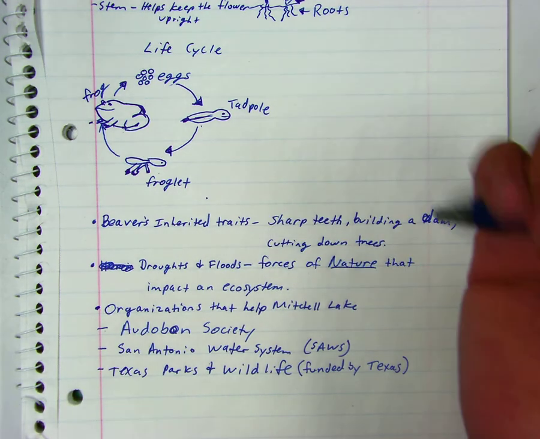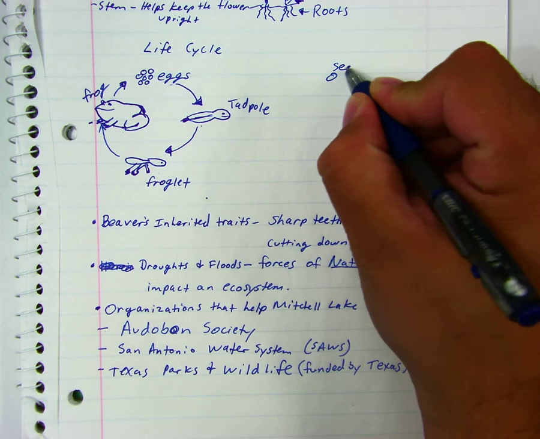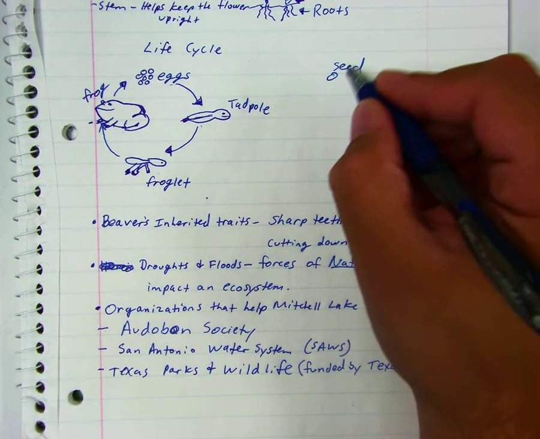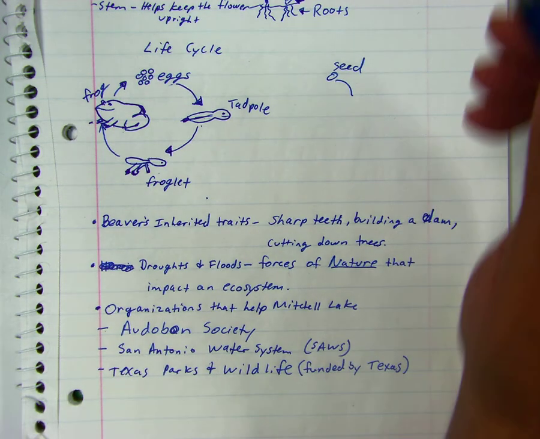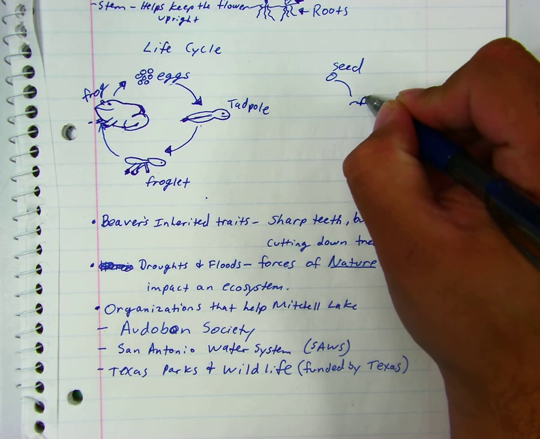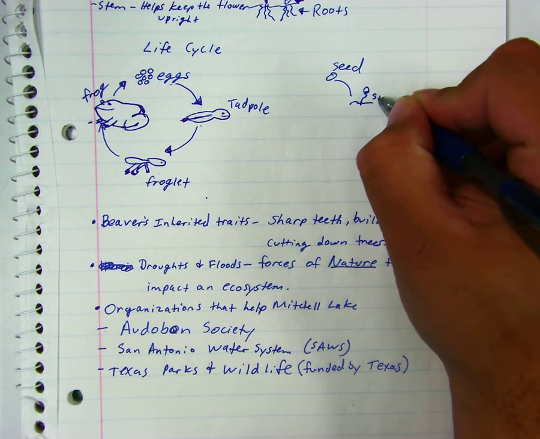Now, if we were talking about maybe a plant, of course we would start out with the seed. Okay. After the seed, we would have a bud or a sprout, which would be just coming out of the plant barely. So this would be a little sprout or bud.